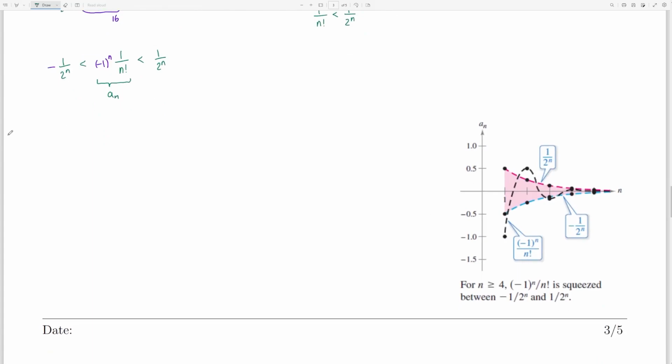So what we're going to do is we're going to take the limit on all three sides here.